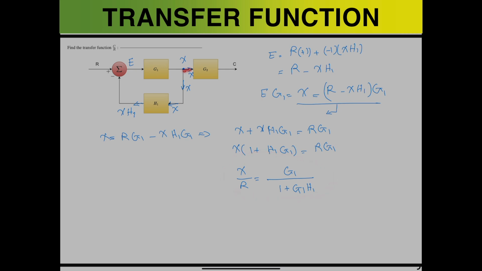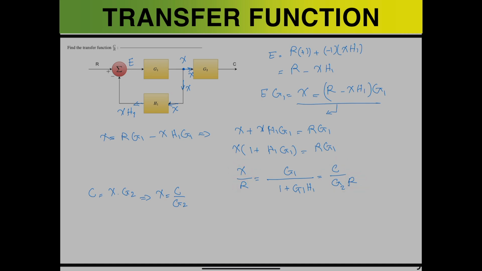We need to further multiply that by G2 to get C, because essentially C is X times G2. So if I write X equals C over G2, I can then write C divided by G2 to replace X, and I have R here as well. So essentially C over G2 is going to replace X, and in the numerator, R is going to stay the same.